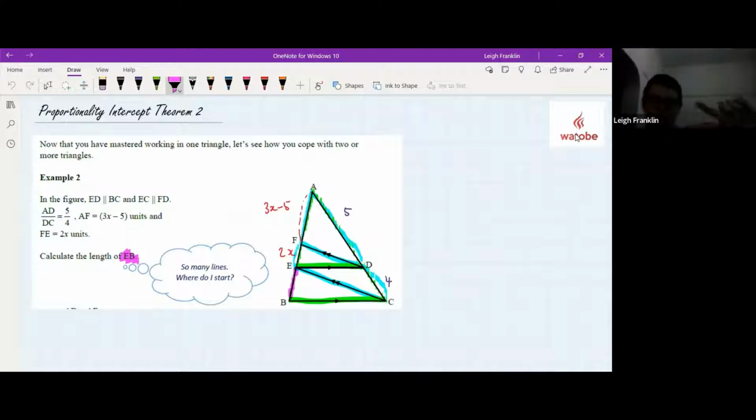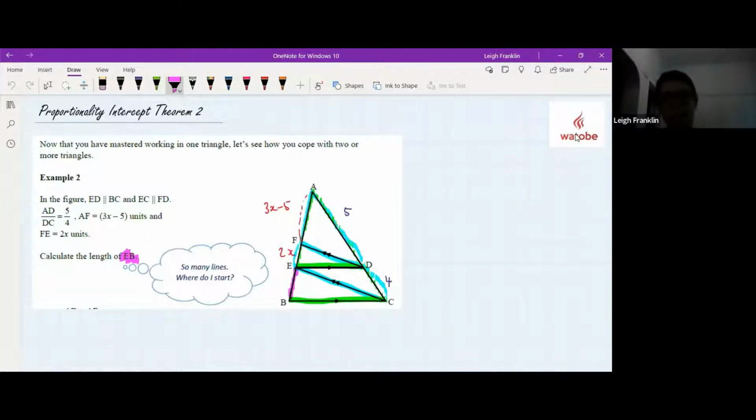On the right-hand side, the piece of line segment that it's in proportion to would be DC. So if we said EB over AE, for example, that would be exactly the same as DC over AD.